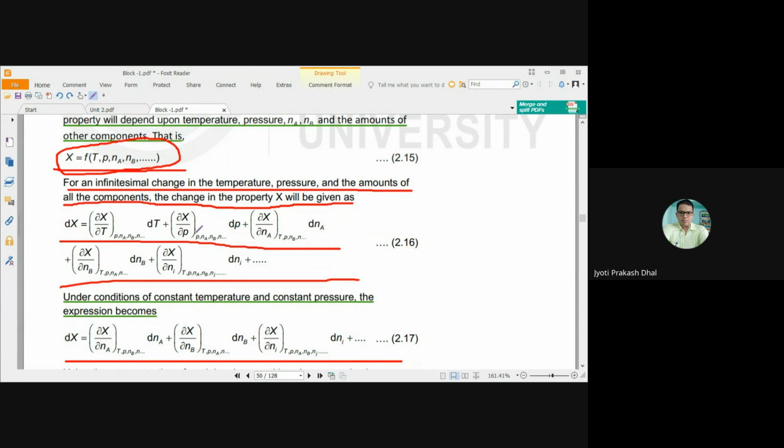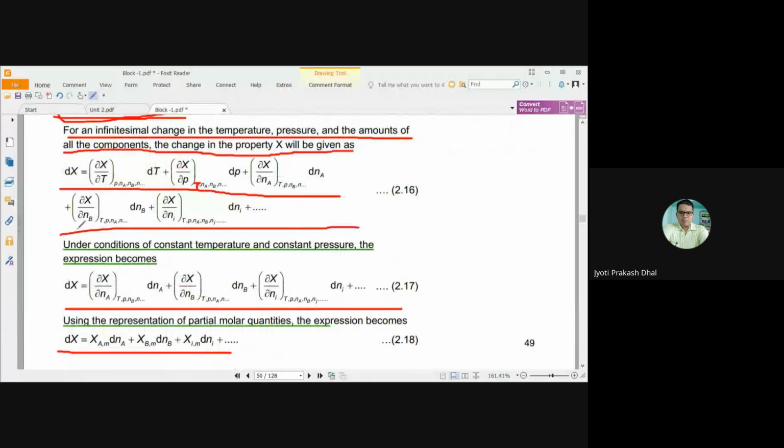So it is del X by del P at constant temperature and constant number of moles of all the components dP plus del X by del NA at constant temperature, pressure, and constant number of moles of the second, third, fourth component, etc. Here there will be variation of the first component A. And similarly, the next term will be plus del X by del NB at constant temperature, pressure, constant number of moles of the first component, constant number of moles of the third component, and so on.